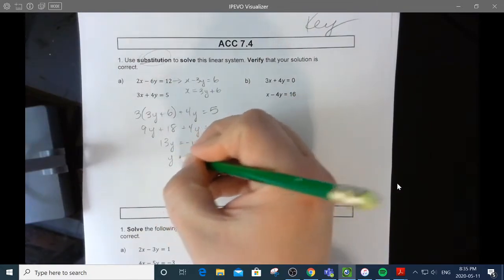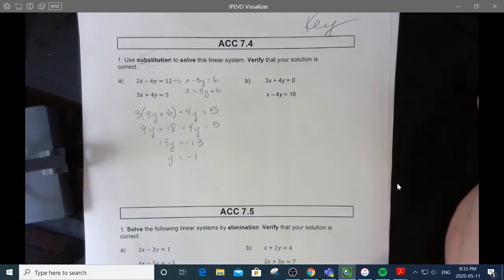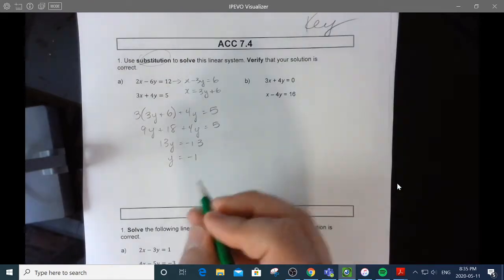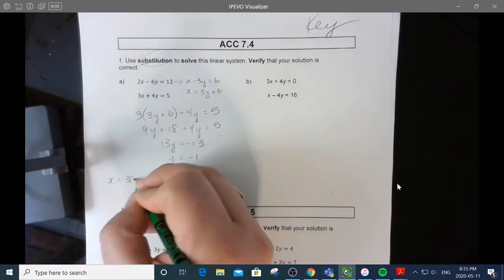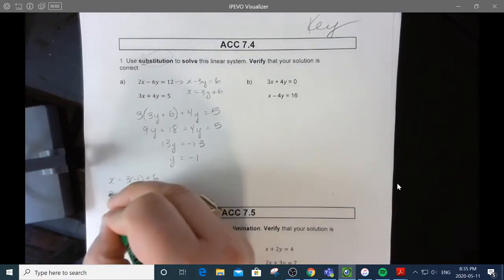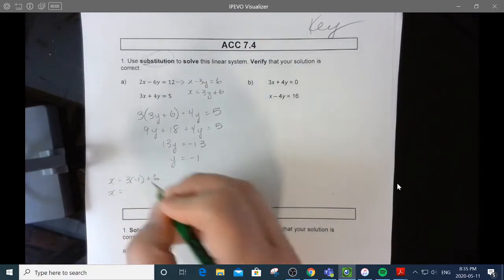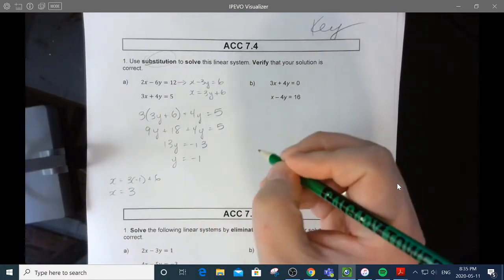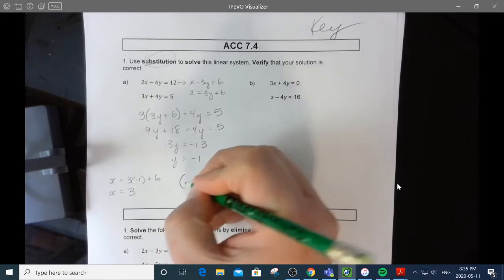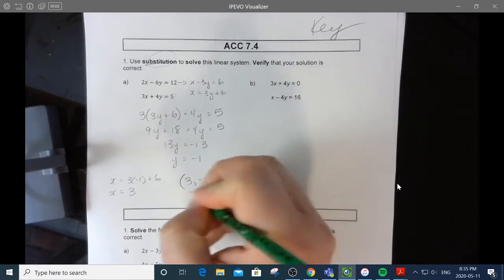Then I'm going to divide both sides by 13, which is negative 1. Then I'm going to go up to this equation here and plug in that y is negative 1. So that's 3 times negative 1 plus 6, which is negative 3 plus 6, which is 3. So my answer, I think, is (3, negative 1).